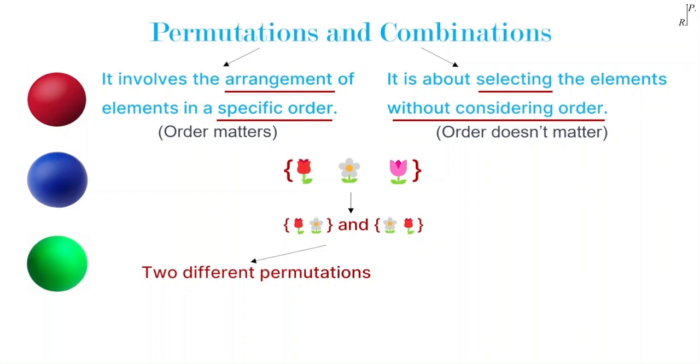In the first subset, rose is in first place, whereas daisy is in second place, and in the second subset, daisy is in the first place and rose is in the second place. While in the case of combinations, both these subsets, rose daisy and daisy rose, are considered the same because the order doesn't matter here.